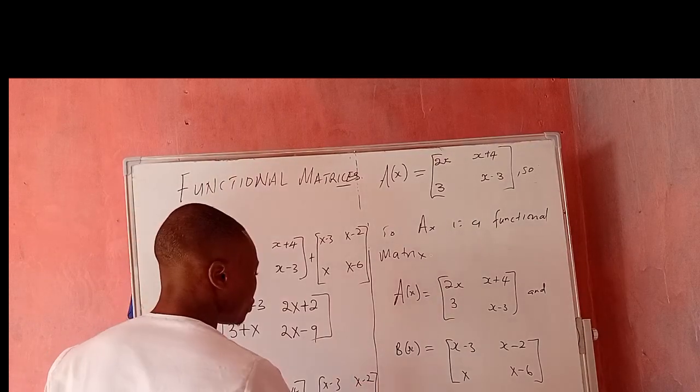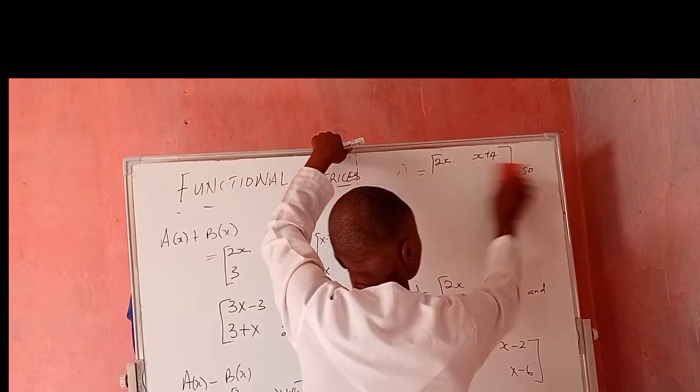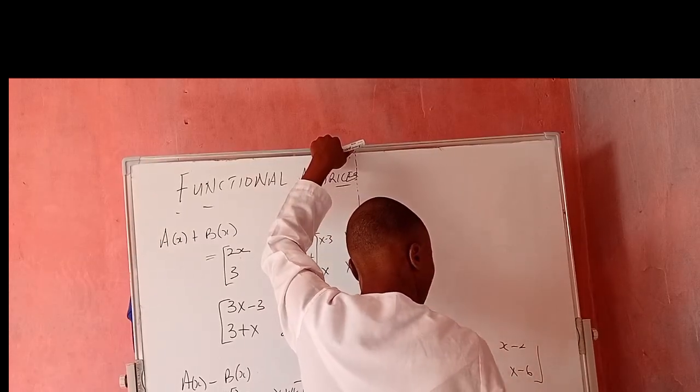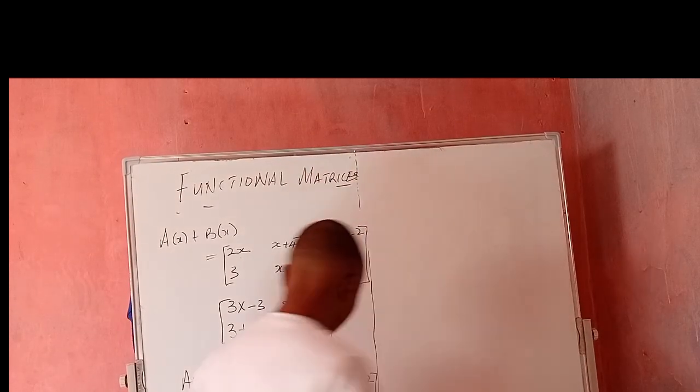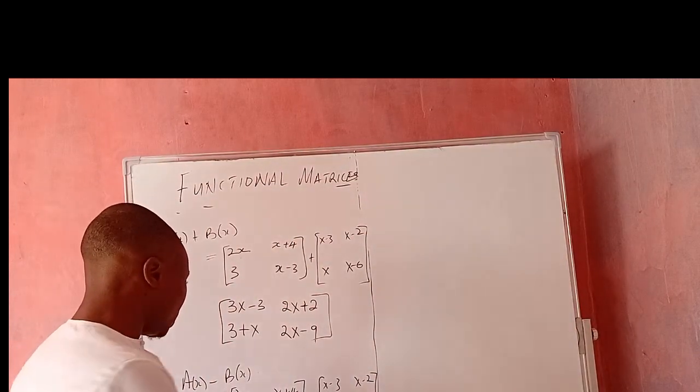Right? So how do we find this one? Just follow the normal operations on the matrices.